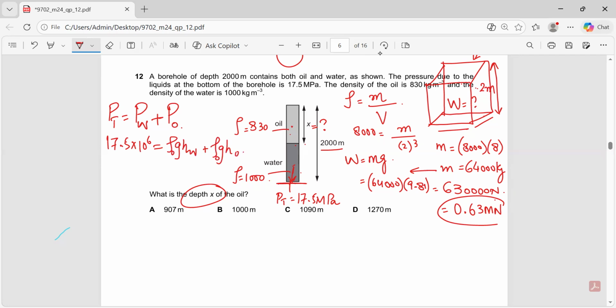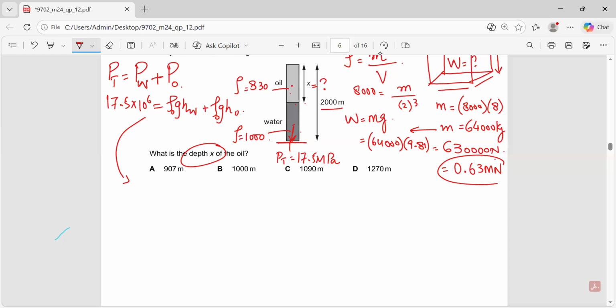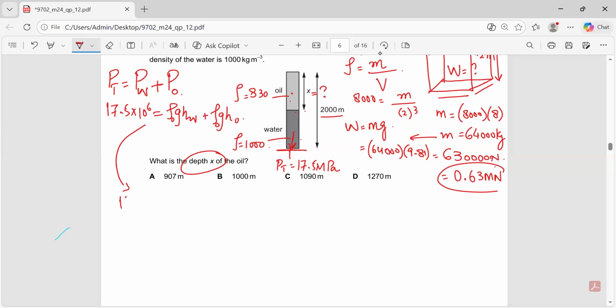ठीक है, तो इन दोनों की वैल्यूज को हम एड अप करते हैं, सॉल्व आउट करते हैं, देखते हैं क्या होगा। So this value will be written as 17.5 into 10 power 6. The density of oil is how much? 830 into 9.81 into height. What is the height of oil?